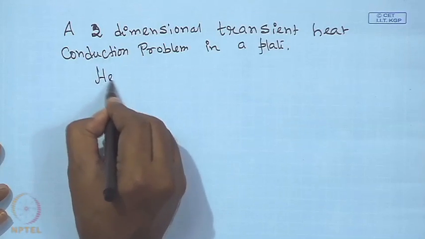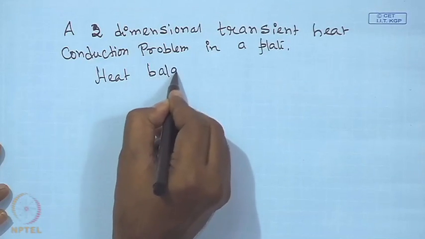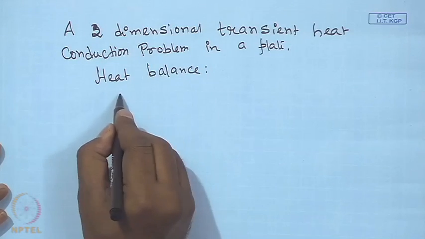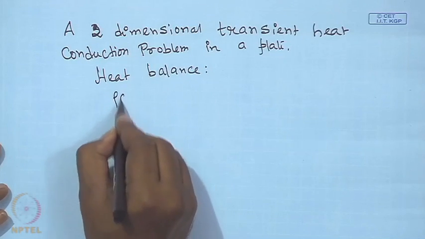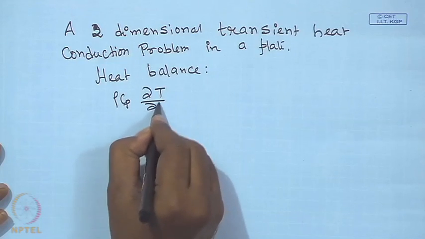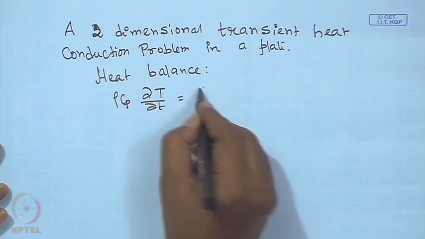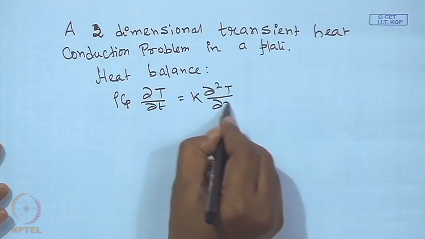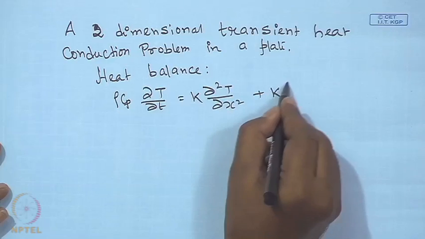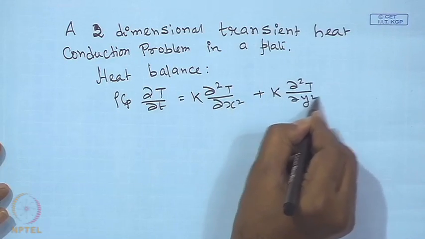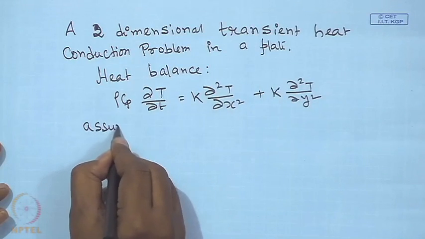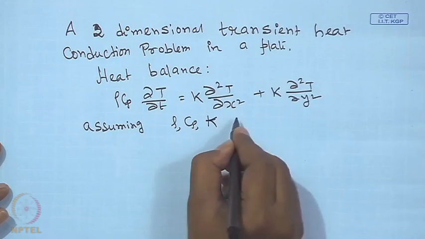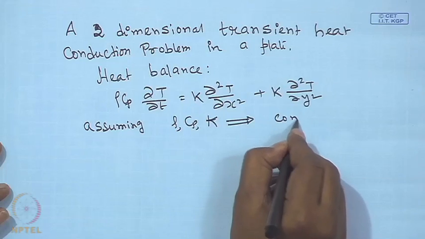If you write down the energy balance equation, you will be getting rho C p del T del t is equal to k del square T del x square plus k del square T del y square, assuming rho, C p and k, the thermal conductivity, are all constants.